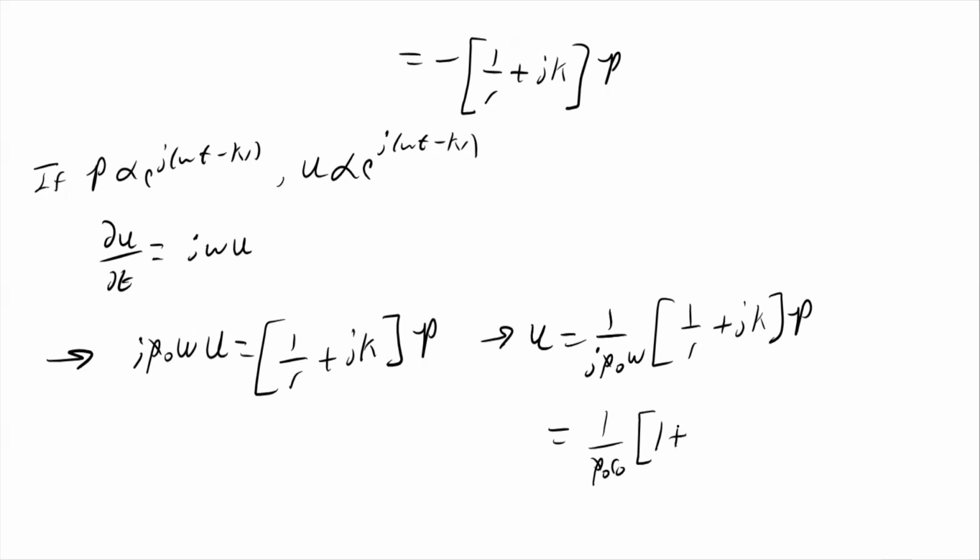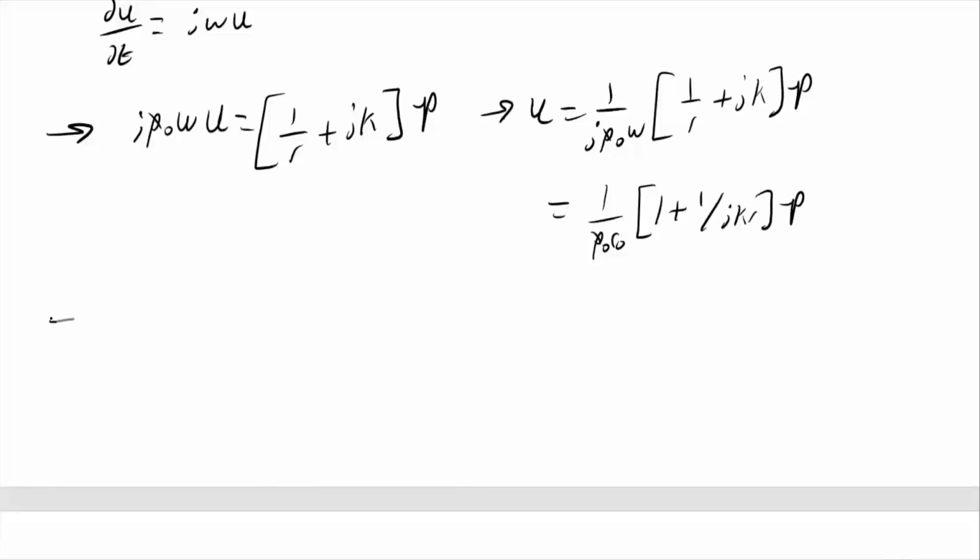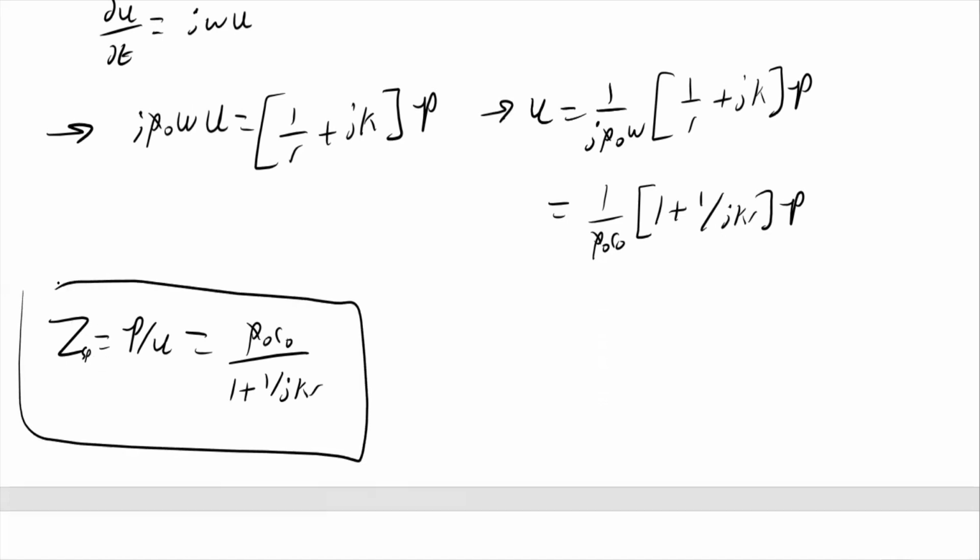So we get 1 plus 1 over jkr, times p. Well then we are there. So we have z equal to p over u, which is going to be rho naught c naught over 1 plus 1 over jkr. Maybe I could subscript this as spherical. This is the impedance of a spherical wave, specifically a spherical time harmonic wave.